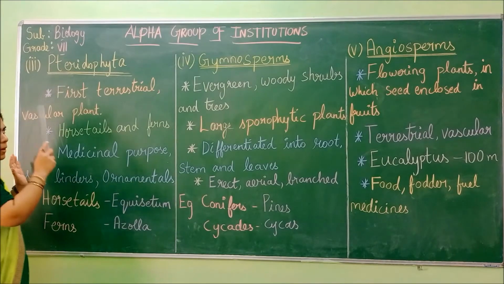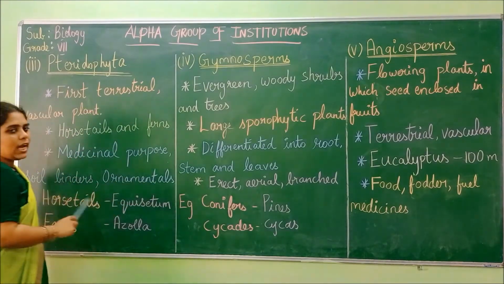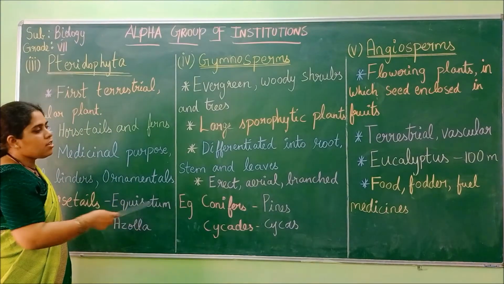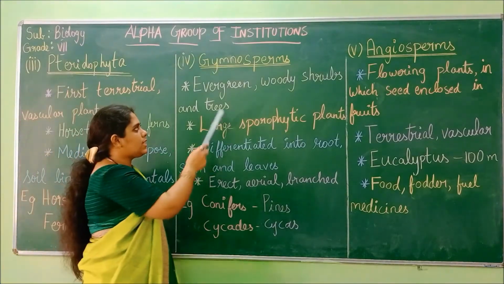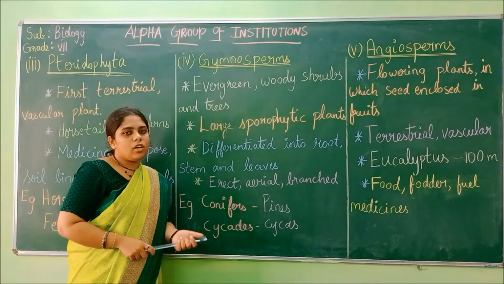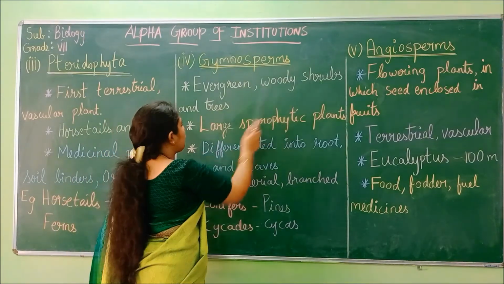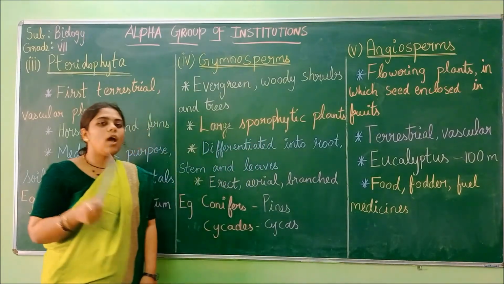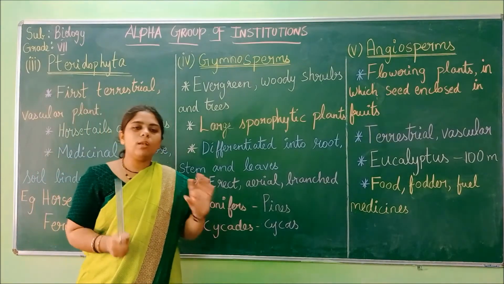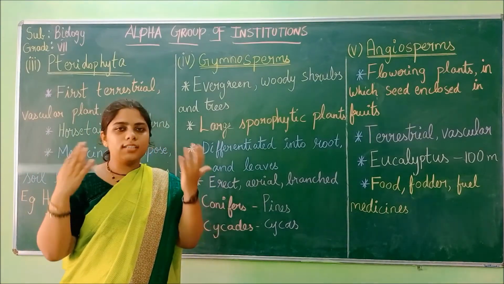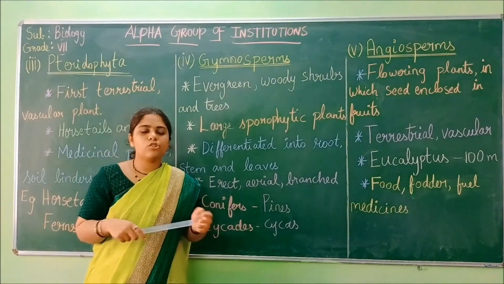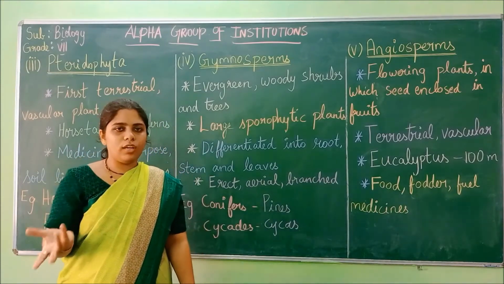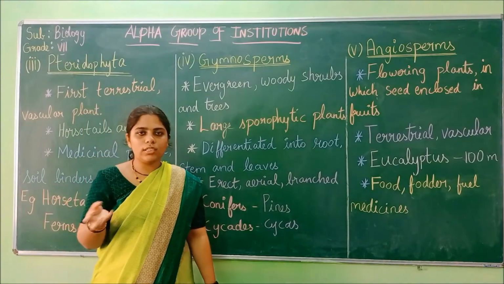Now when comparing this to gymnosperms, a few changes have come. First, it is evergreen. Evergreen, woody shrubs and trees. Evergreen means it will be green, greenish throughout the year. There is no wilting of leaves and the leaves won't get dry.